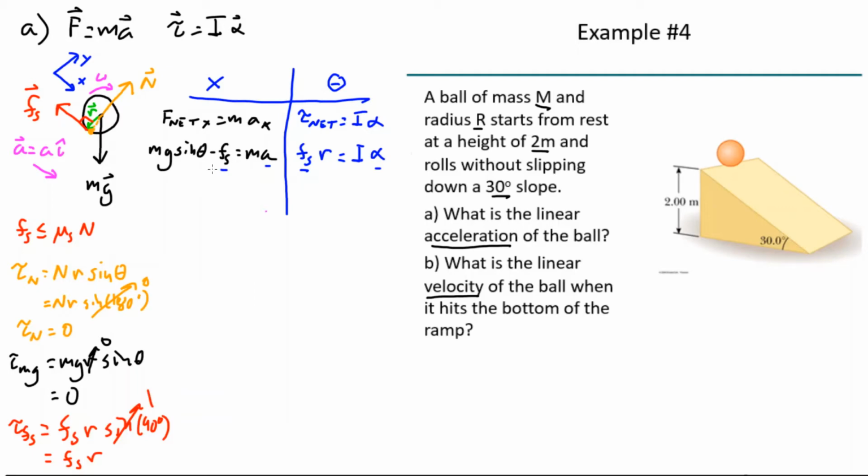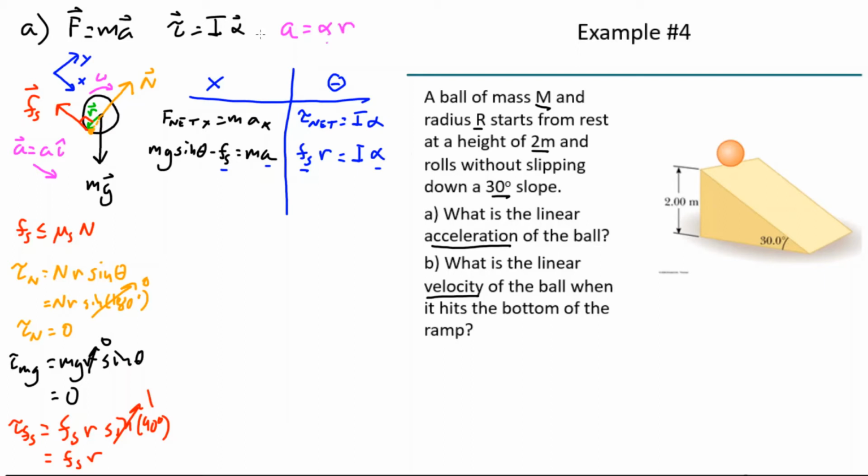Well, remember, the rolling without slipping condition says that the acceleration of the center of mass of the ball, which is A, has to equal the angular acceleration alpha times the radius of the ball r. So that's our last equation here that allows us to solve this problem.